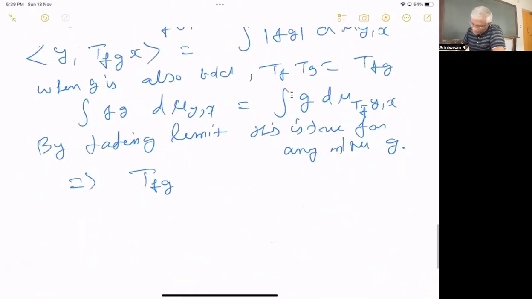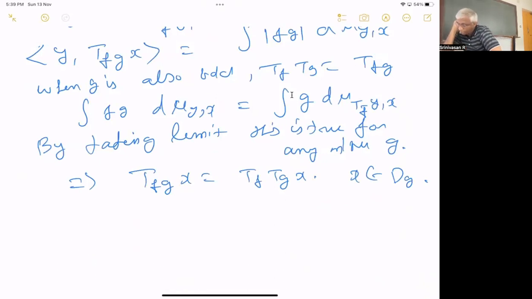Okay, so now T_FG x is equal to T_F T_G x for x in D_G, and F is bounded. Okay. And why is it mod?